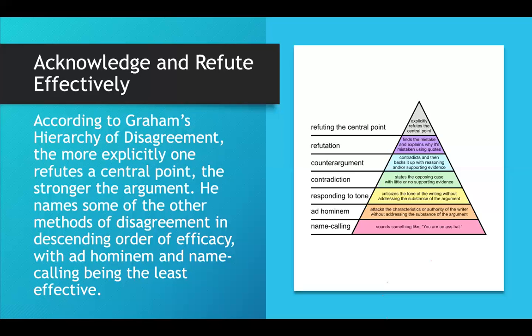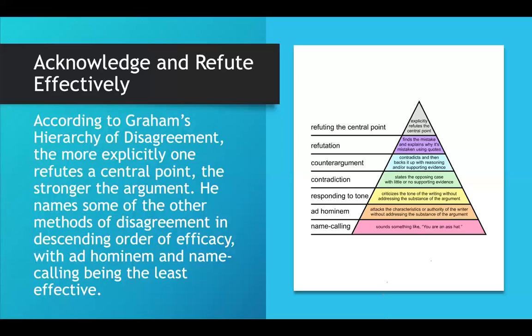It reduces your argument to a character assassination and reduces the opposing side to just a set of characteristics as if they don't have a valid point.